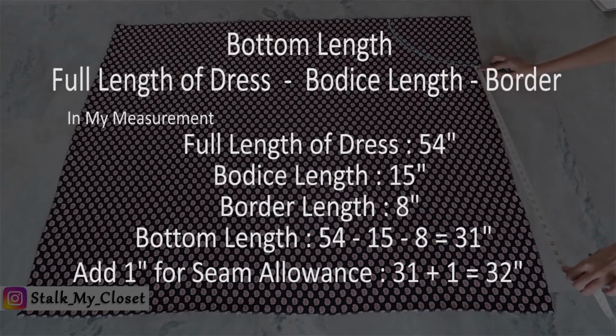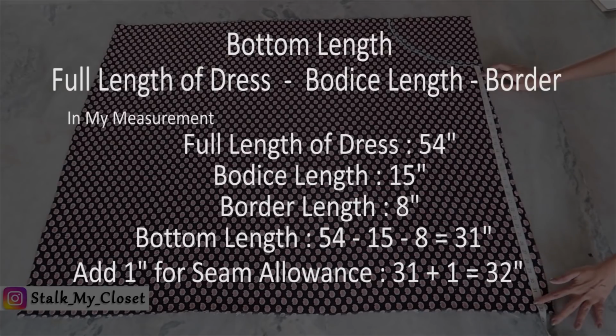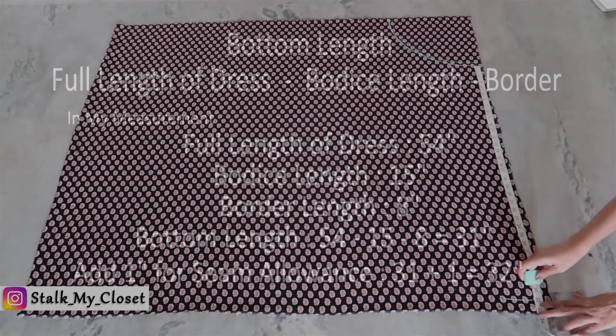In this dress, I'm adding border, so I'll deduct border length as well. So in my measurement, full length is 54 inch, body's length is 15 inch and border length is 8 inch. So 54 minus 15 minus 8 is 31 inch. I'm adding 1 inch for seam allowance, so I'll mark a point at 32 inch.